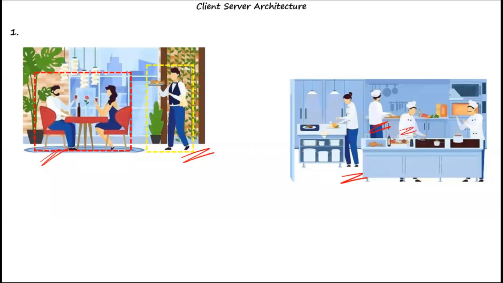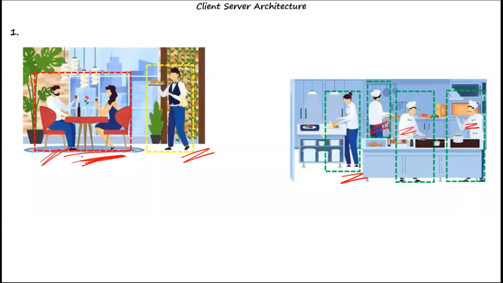This one is good at making salads, and this one is good at making soups or beverages. The waiter goes to the particular chef and gives them the respective order that the customer has ordered.